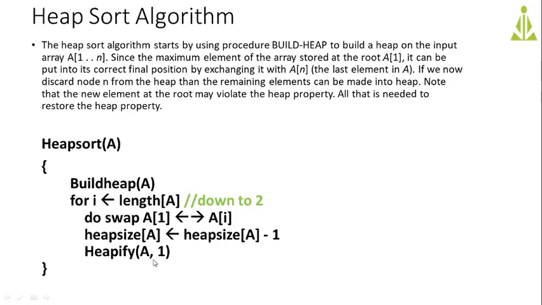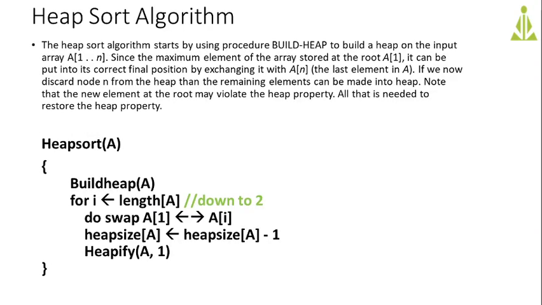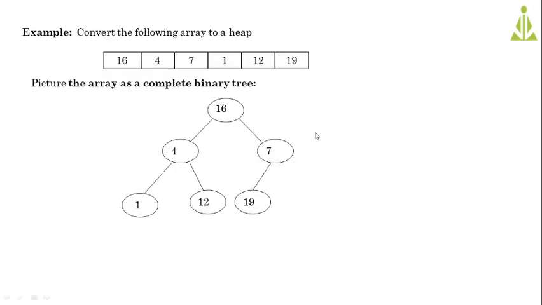Heapify A comma 1, the same heapify algorithm is called here. If you have some difficulty understanding these algorithms, no problem. When we see the example, then you will easily understand the concept.